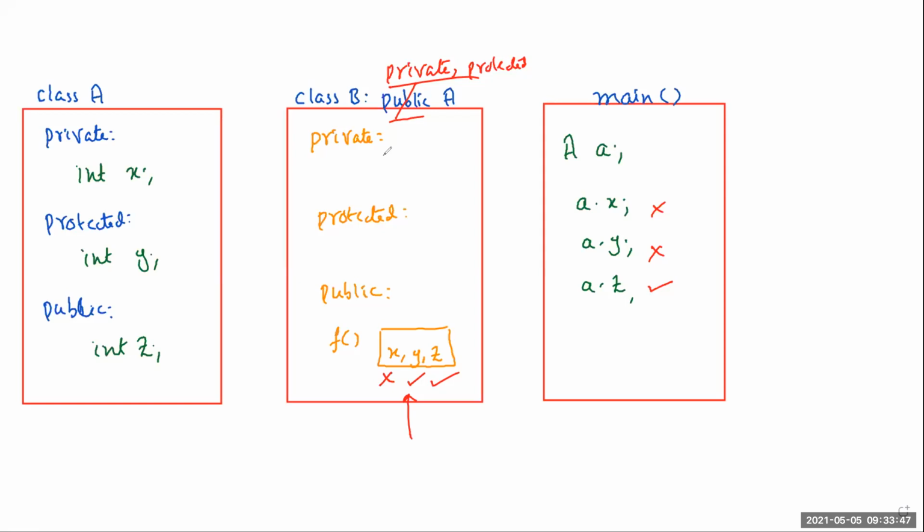It is totally independent. Whether you write public here, protected here, private here, child class can always access public and protected data of the parent, and it cannot access private data. So it means the type of inheritance will make no difference to the child class, in simple words. Agreed? So do you agree with this?